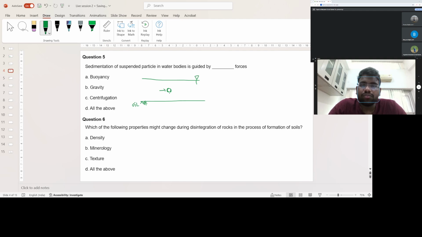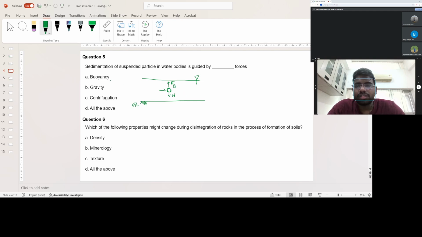It may be either seabed or lake bed or river bed, any bed. If you draw the free body diagram, a grain will be weighing some weight W, and gravity will be acting downward, and above is the buoyant force, which opposes the gravity.